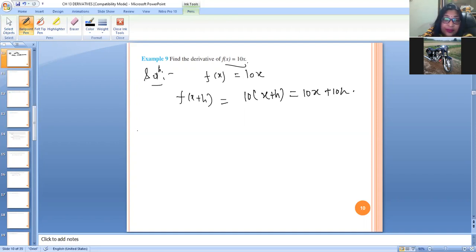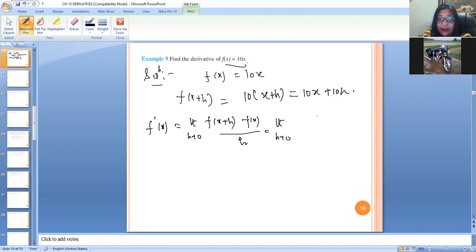Now we will apply the formula. Derivative f dash x is equal to limit h tending to 0, f of x plus h minus f of x upon h is equal to limit h tending to 0, f of x plus h is 10x plus 10h minus f of x is 10x upon h.